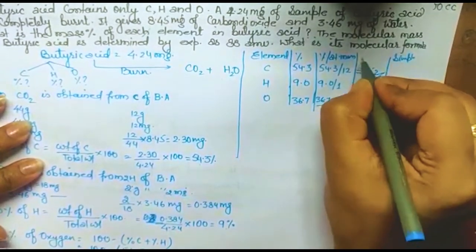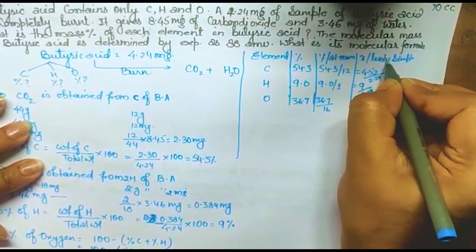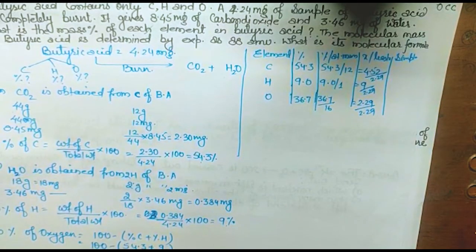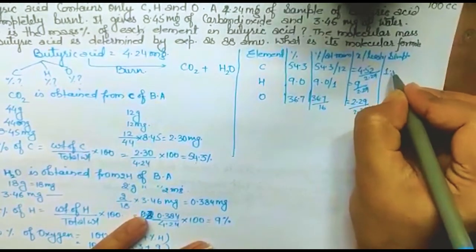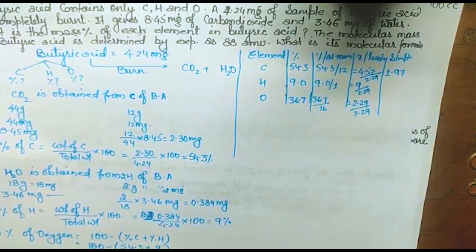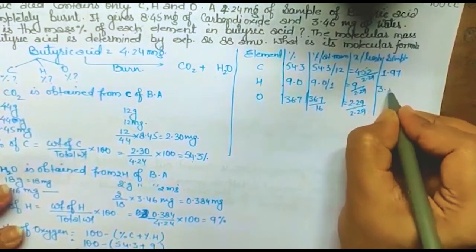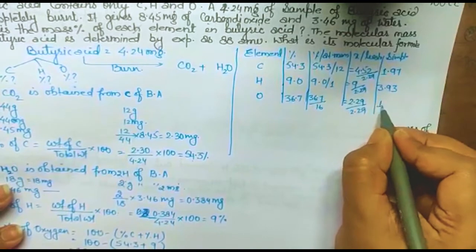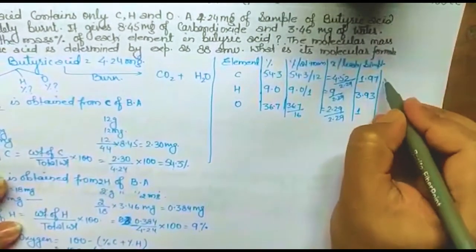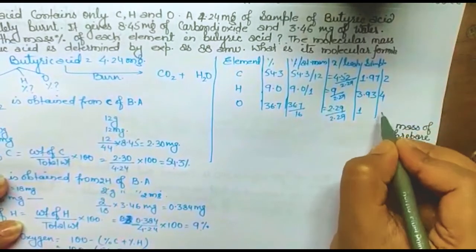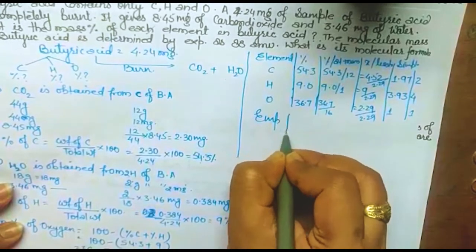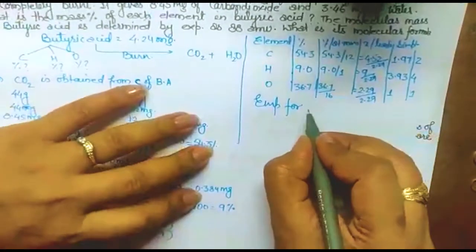And this is x upon the least x, isn't it? So 4.52 divided by 2.29 is coming 1.97. This is 9 upon 2.29, coming 3.93, and this is 1. So no need to multiply, because approximately 1.9 can be 2, 3.9 can be 4 and this is 1, isn't it? So the empirical formula, we got what?